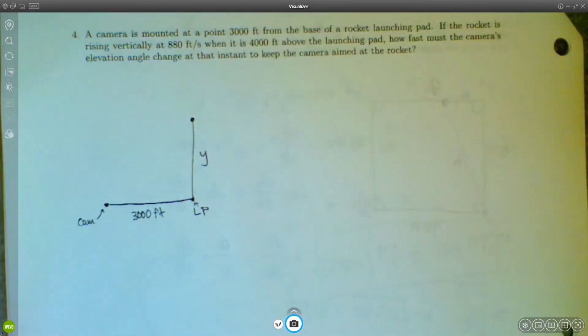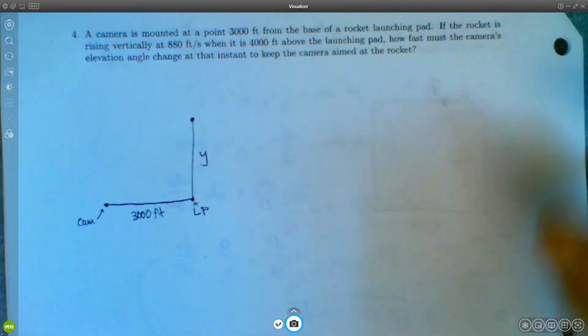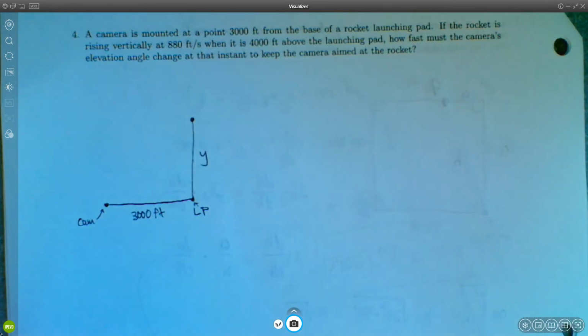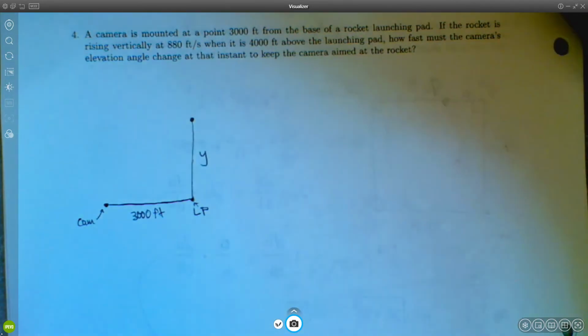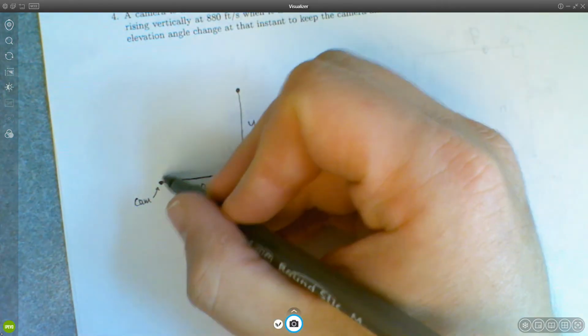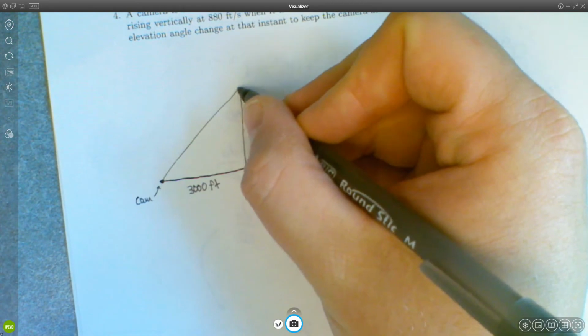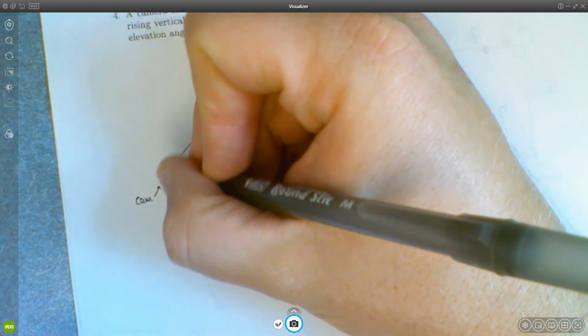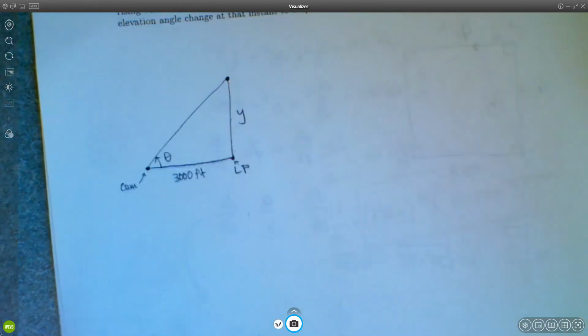I'll call that distance y maybe, or you could call it h, whatever. The question that we're being asked is, how fast must the camera's elevation angle change? So the elevation angle of the camera is this angle right here, which I'll call theta.